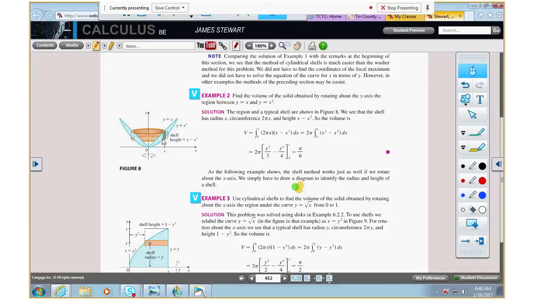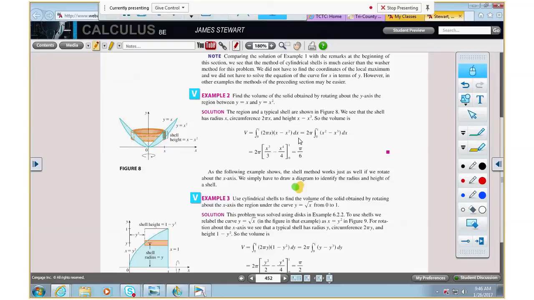Now, the two functions involved are y equals x, which is this 45-degree line going this way, and y equals x squared. Now, what have you got to find there? That's called the area between two curves.